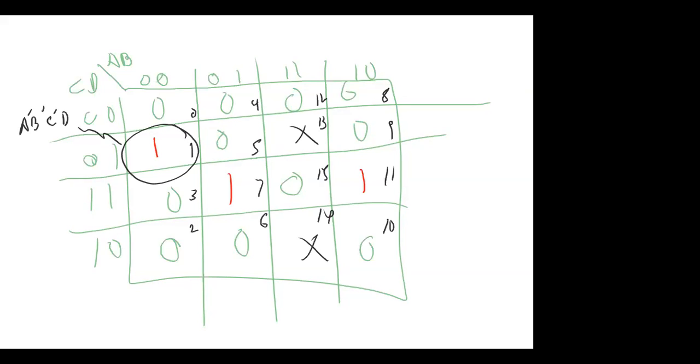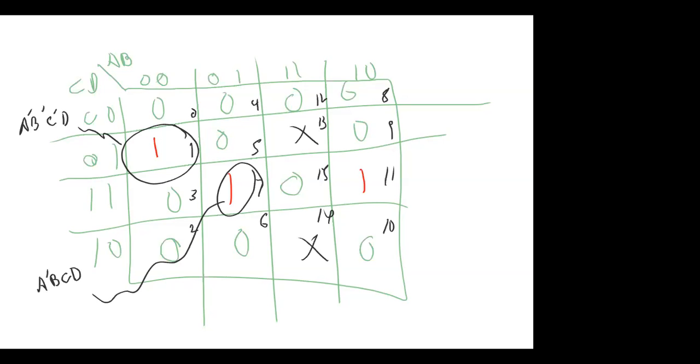And how shall we loop element number 7? Anybody? Same thing. And Alex, what's the product term there? A prime, B, C, D. Sounds good.